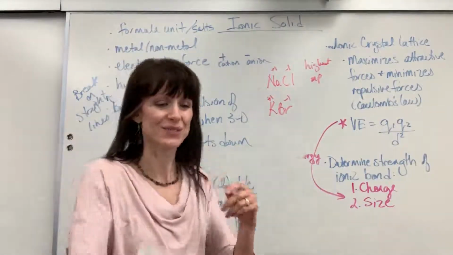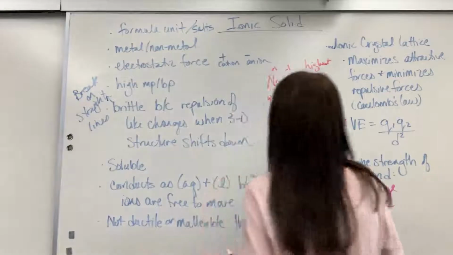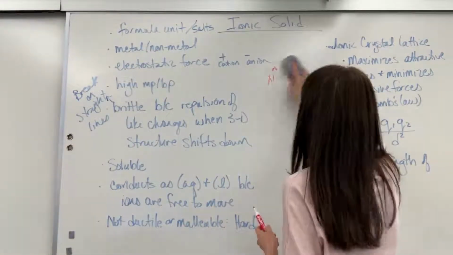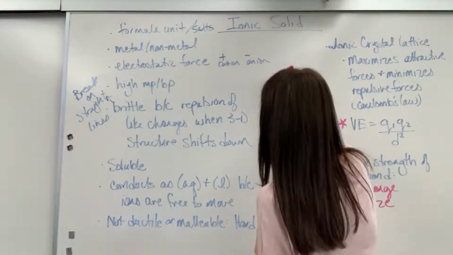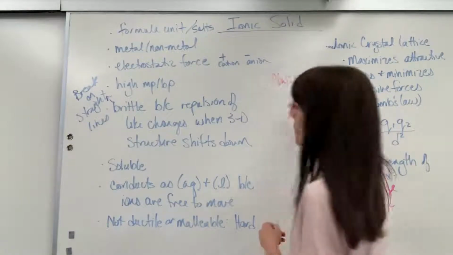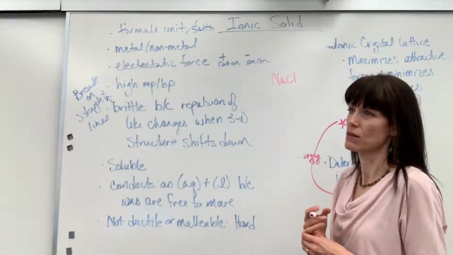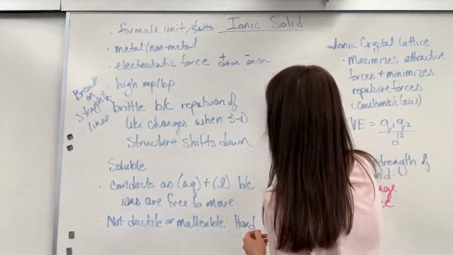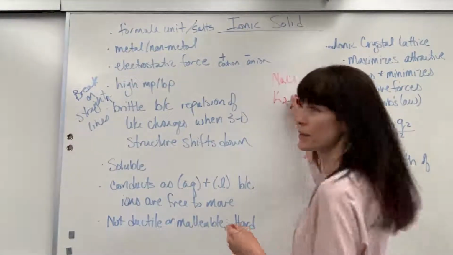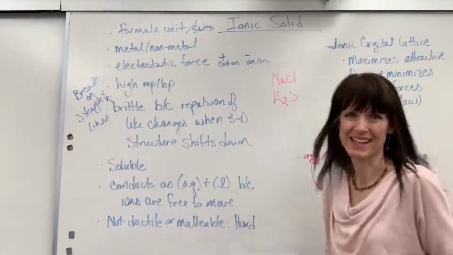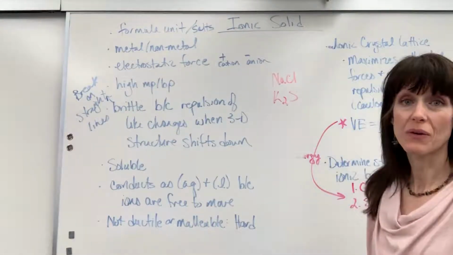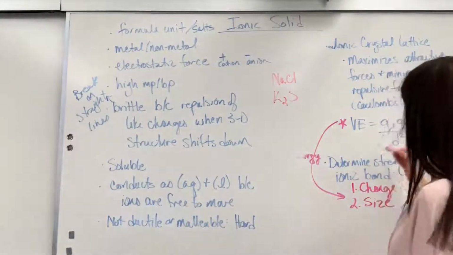Okay, now let's do another one. Let's take our sodium chloride again, and this time I'm going to compare it to potassium sulfide, okay, potassium sulfide. So first thing we always go to is charges. Really, really interesting.